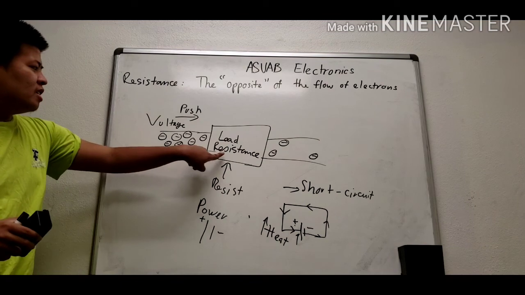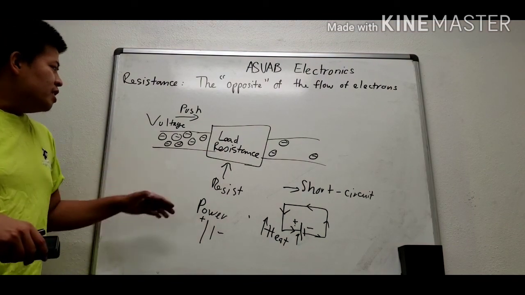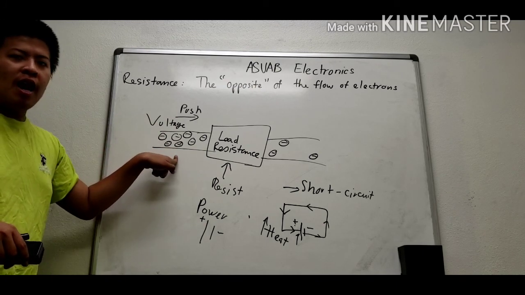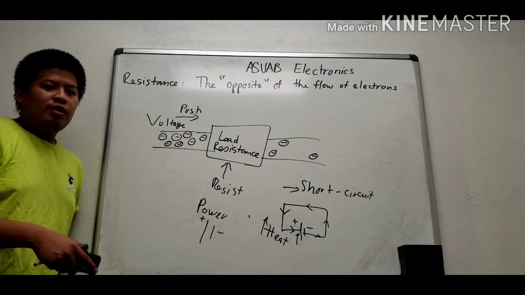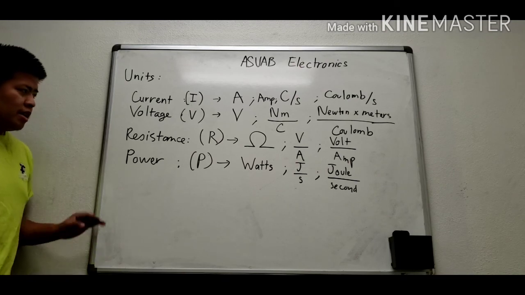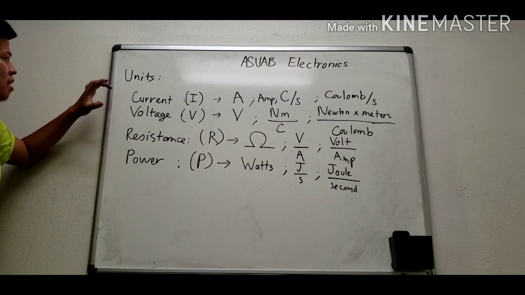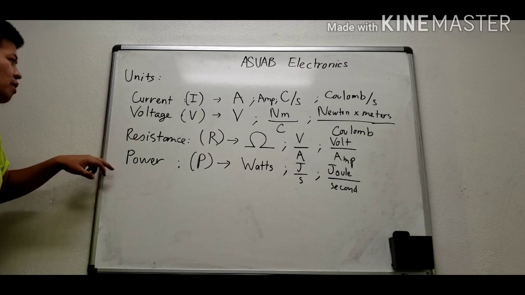Therefore, the resistance in here has the good mission to reduce the push and reduce the flow of the electrons. In the next one, I will show the picture to explain that. In this unit, we just learn to understand the current, the voltage, resistance, and the power.